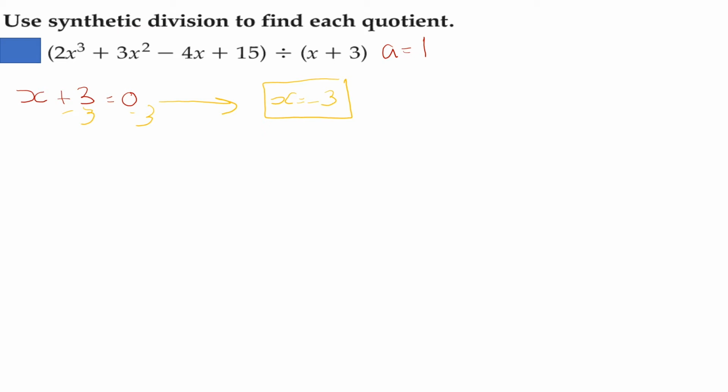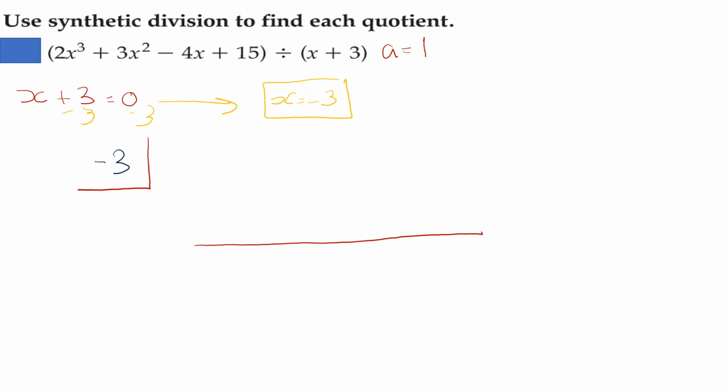So my first step after equating the divisor to 0 is to draw a line here and another line here. Then start writing your x on the left side and start writing your coefficients.